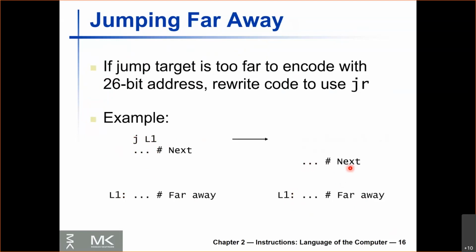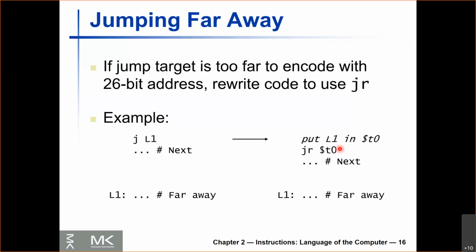What we will do is put L1 in some register. It can be any register. Here we're just going to use T0 because it's a temporary value. We don't need it later on. Then we're going to use jump register to T0. So L1 is a 32-bit constant now. We put this 32-bit constant in a register, and then we do jump register T0. This is how we can jump to a place that is very far away.